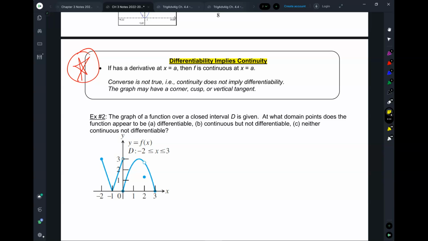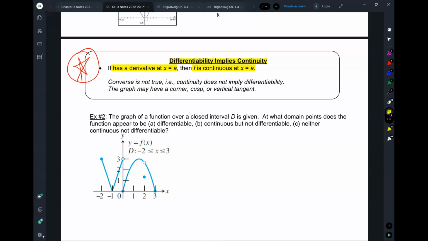If a function has a derivative at x equals a, then it's continuous at x equals a. However, it doesn't go in the opposite direction. We cannot say if a function is continuous, then it has a derivative at a certain point.